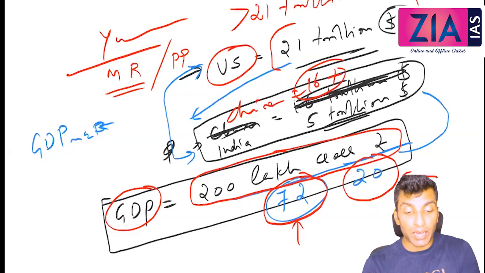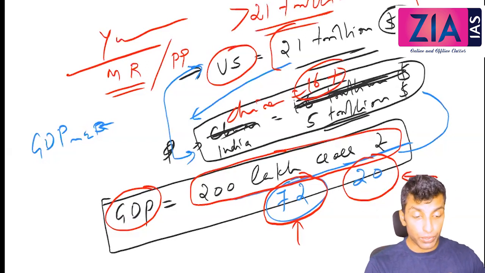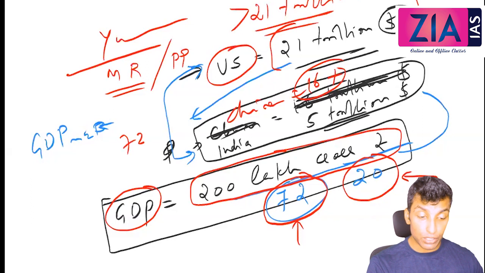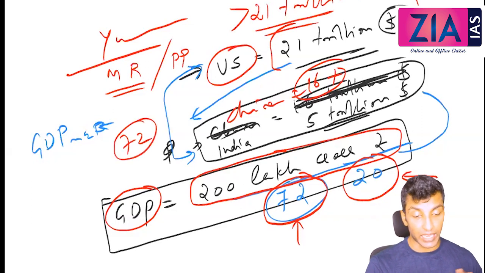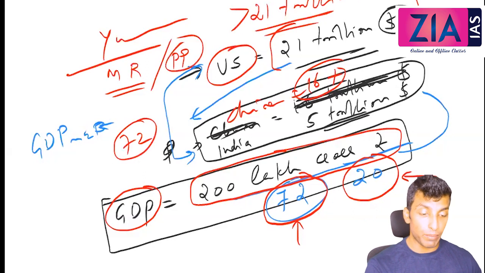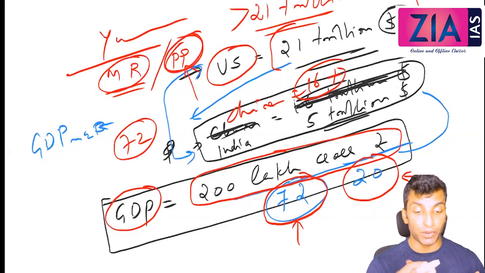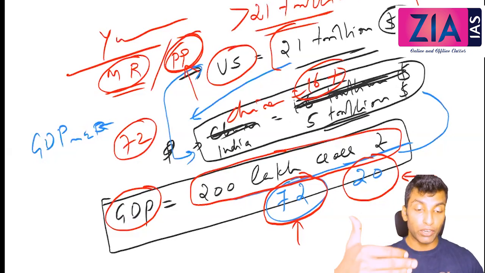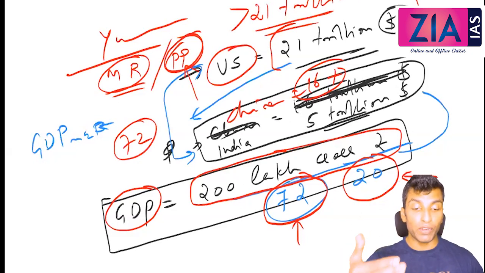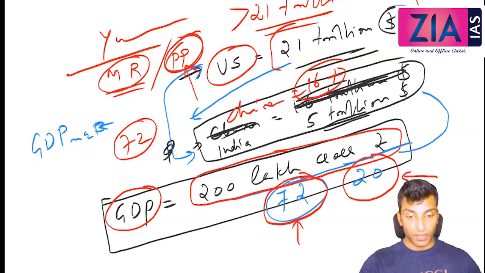When you divide with market exchange rate, the US dollar price is so high; in case of India itself it is 72. In case of China, I don't know exactly the exchange rate, but obviously purchasing power and market rate will be different. So here the denominator will be less in case of purchasing power, so the result will go to the maximum. It will overtake US in that case.